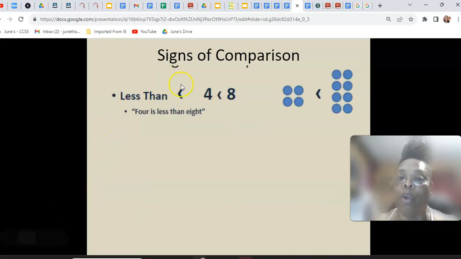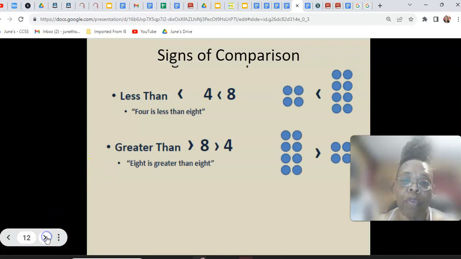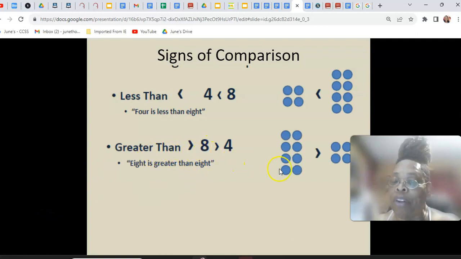Let's look at signs of comparison. Remember, less than, the arrow will point to the less than. 4 is less than 8. The arrow points to 4. The mouth opens up to the greater. Same here. 8 is greater than 4.